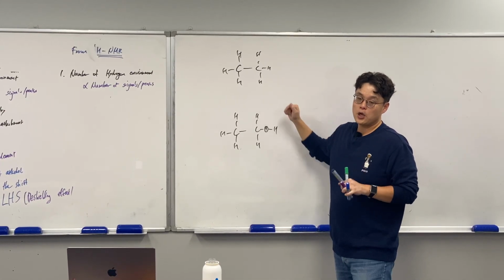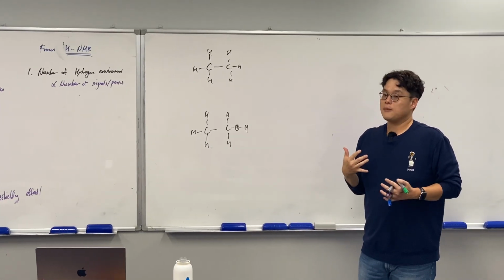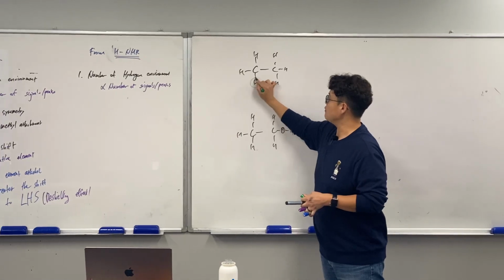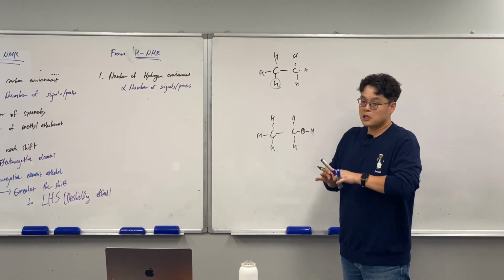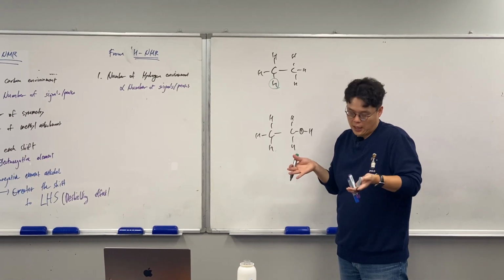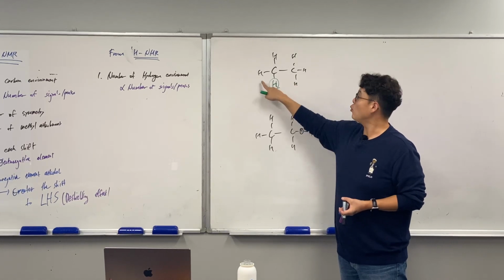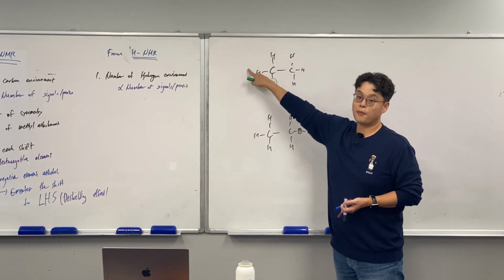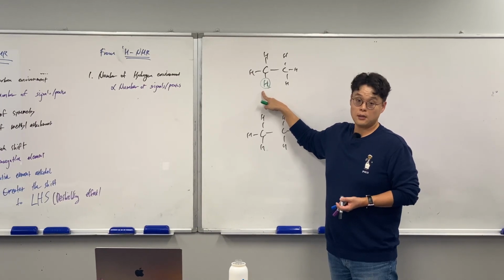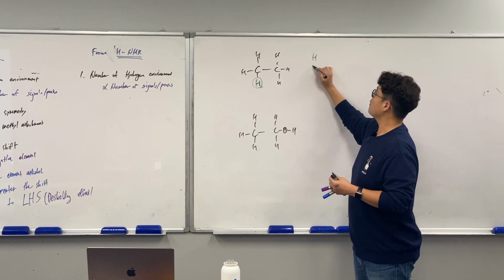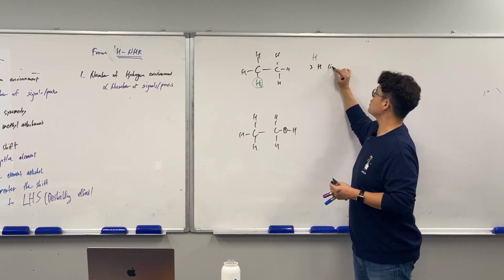So first, you have to look at how many are living together. You have to think from the perspective of one hydrogen, because we're looking from the hydrogen's perspective, not the carbons. This green hydrogen is living with 1, 2, in total 3 hydrogens. So for this hydrogen's environment, there are 3 hydrogens living together.